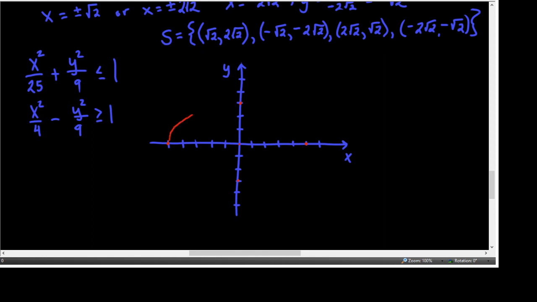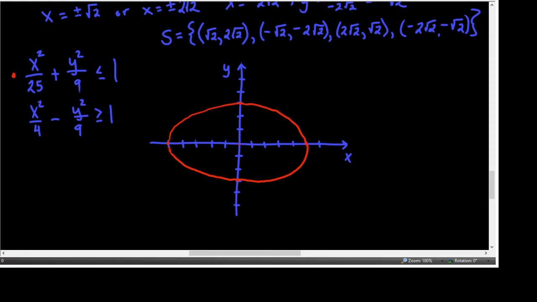So we're going to draw this as a nice ellipse like normal. The difference would be if that were just less than, we would be drawing a dotted boundary line for this ellipse because it would not be included. I think most of these that you will encounter, they're included. So you go ahead and draw the figure as is. So this is the ellipse.